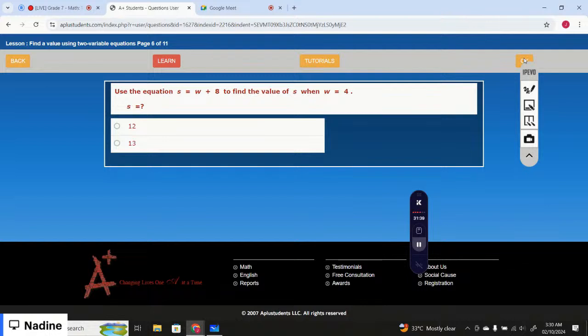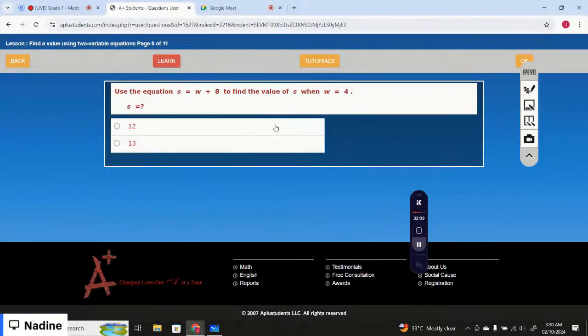You need to put the value of w equals 4 in the equation. So the equation is w plus 8. So 4 plus 8 equals, that is 12.